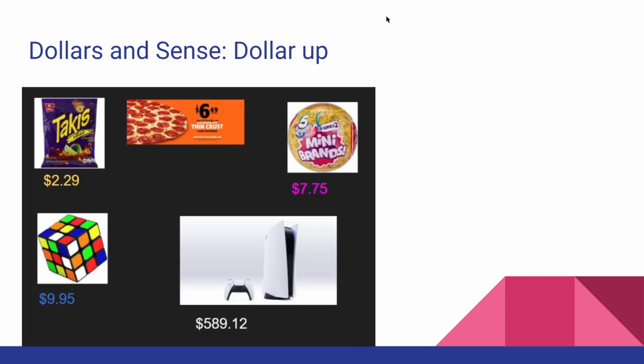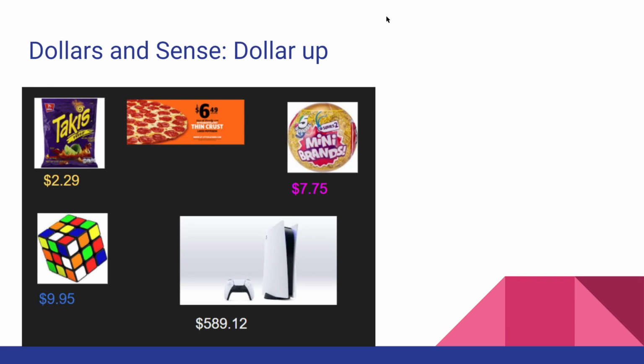So, the next lesson was our dollar up lesson. There's a video that's attached to this that is not included here, but the video itself discusses the best practices and how to use a dollar up method, which would be to cover up the change in a given cost.